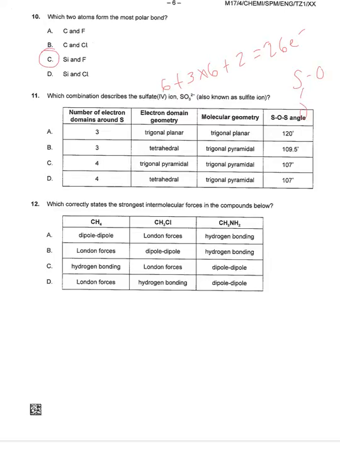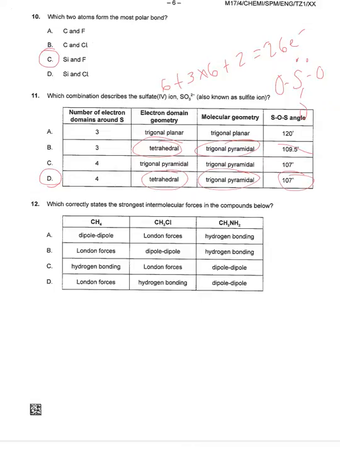I can single bond each oxygen and put a lone pair on the sulfur. So its electron domain is going to be tetrahedral, but the lone pair is going to crowd it to become trigonal pyramidal, and it's going to crowd that angle from 109.5 to 107, making D the correct choice.